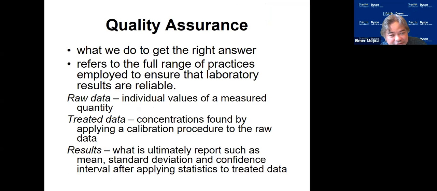If you're going to look at the quality assurance, this is what we do to get the right answers. It refers to the full range of practices employed to ensure that laboratory results are reliable. For instance, the raw data. What is the raw data that we have?